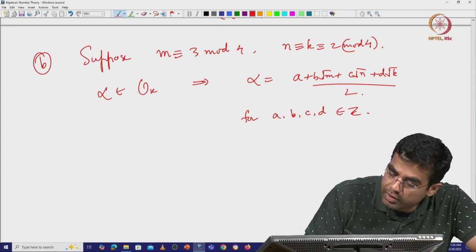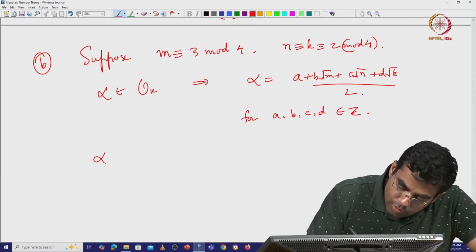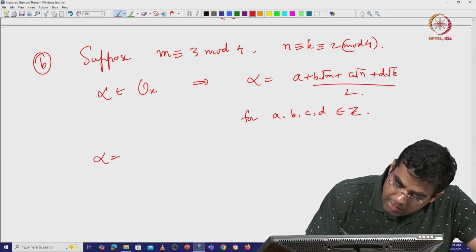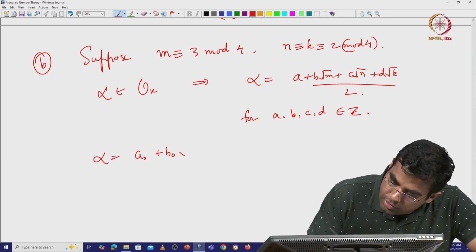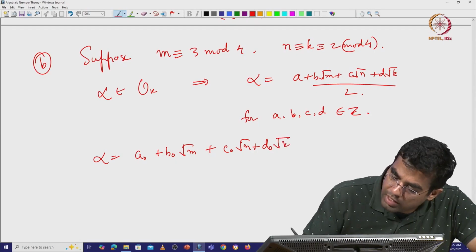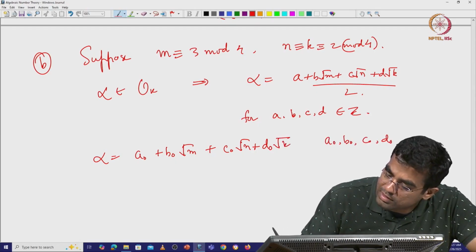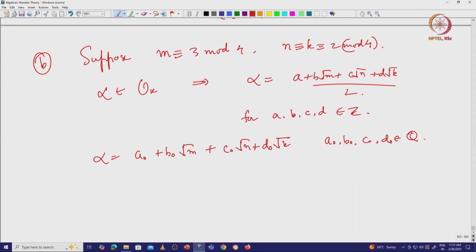And so, that is what we are going to prove first. So, why is this? Well, you can write this as a0 plus b0 square root of m plus c0 square root of n plus d0 square root of k, where a0, b0, c0 and d0 are all in Q. And now I simply take the norm from K to Q(square root of m) of alpha.